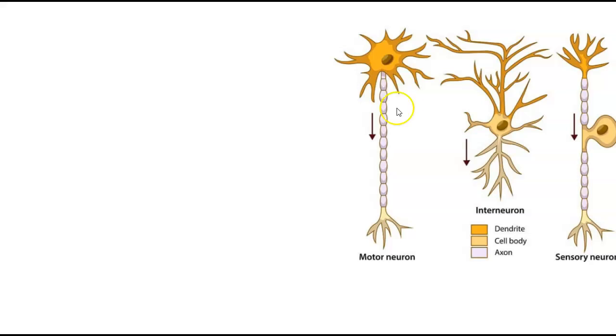You will notice though that the arrow indicates that the message sent through the cell only goes in one direction. So there is the input area of the cell and the output area of the cell.